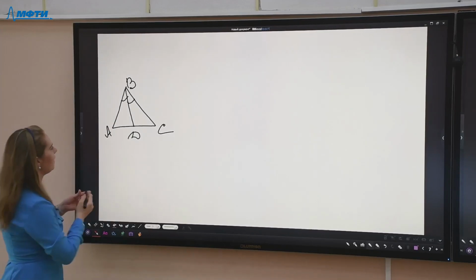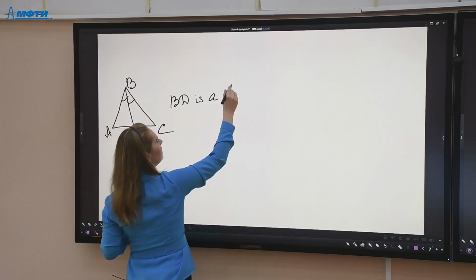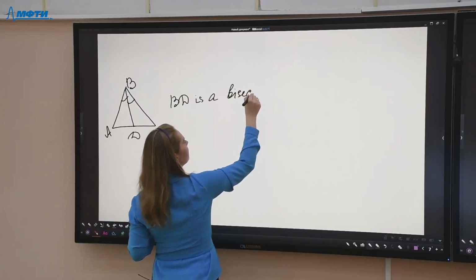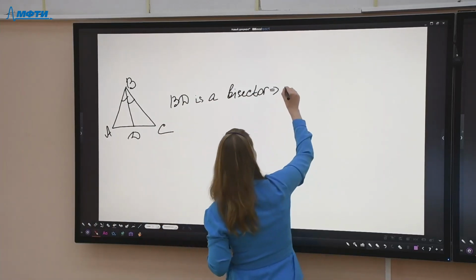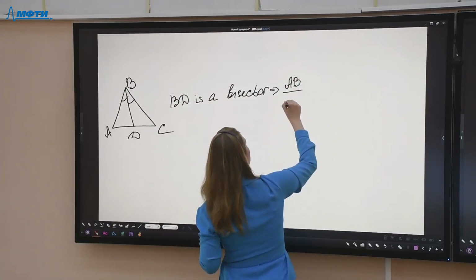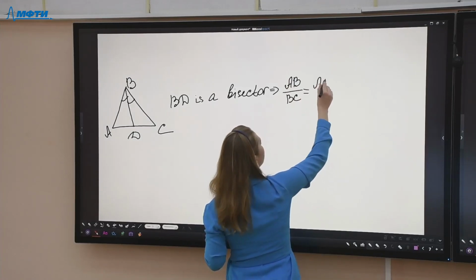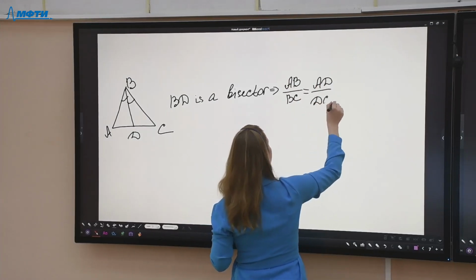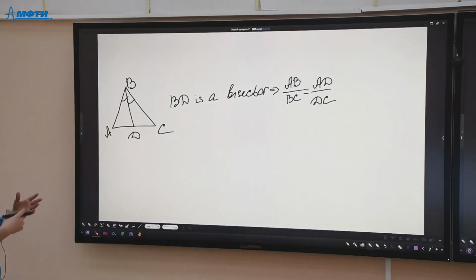It means that BD is a bisector, so AB over BC is AD over CD. And again, if we take all three bisectors in a triangle, they meet at one point.